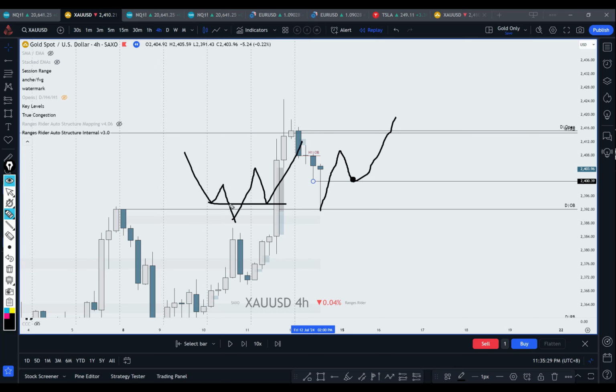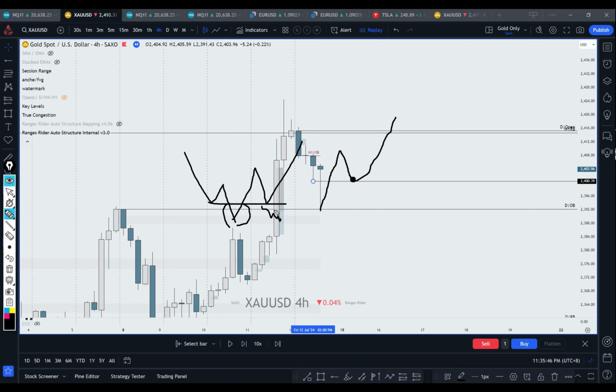This area is manipulation, and I'm not looking for the price to enter into this zone. Why? Because this is already manipulation, and this is where they have trapped the sellers on the wrong side.